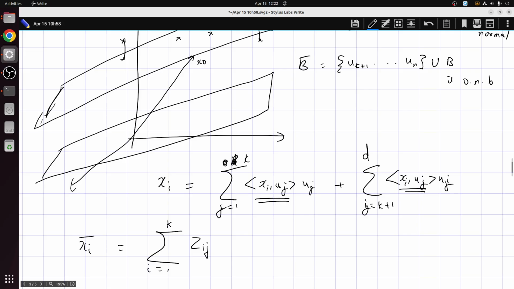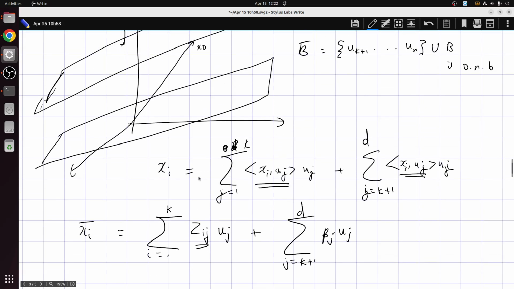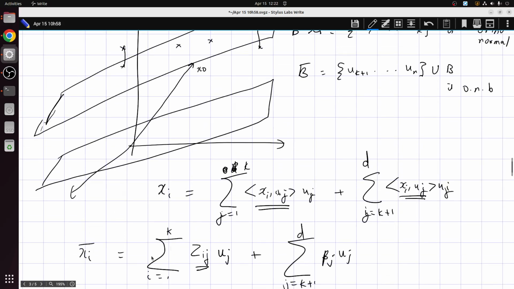Now we are talking about points that lie in the affine space. So zij uj plus, now these cannot depend on i, because I am now capturing the x0 elements. So this will be beta j uj, j going from k plus 1 to d. It actually goes from 1 to k as well, but that is absorbed here. Whenever you are looking at an affine projection of xi, k of the terms will depend on i and j both, and the rest will not depend on i.